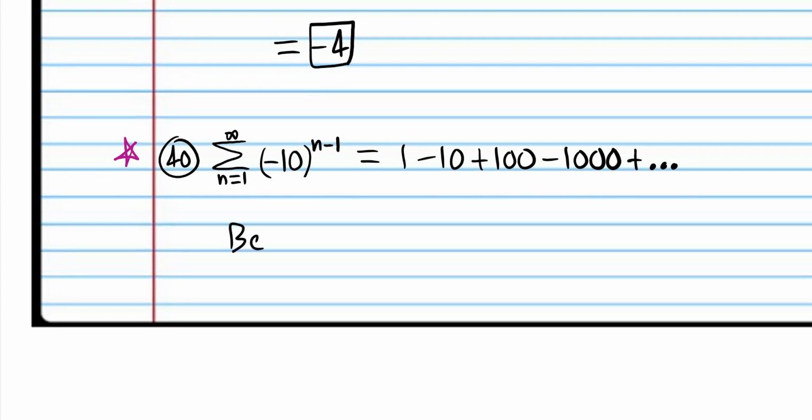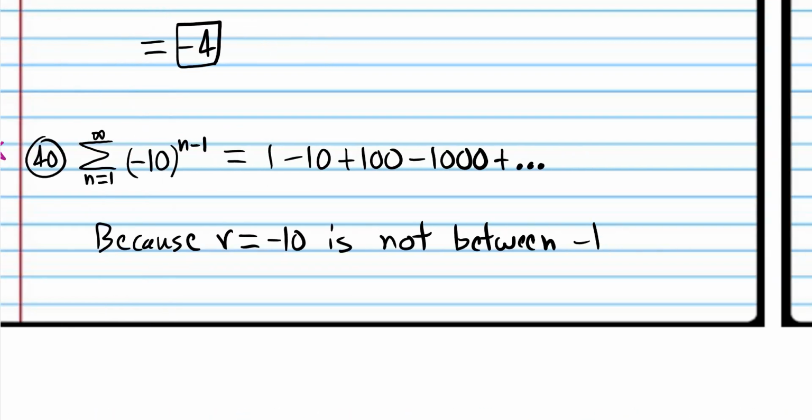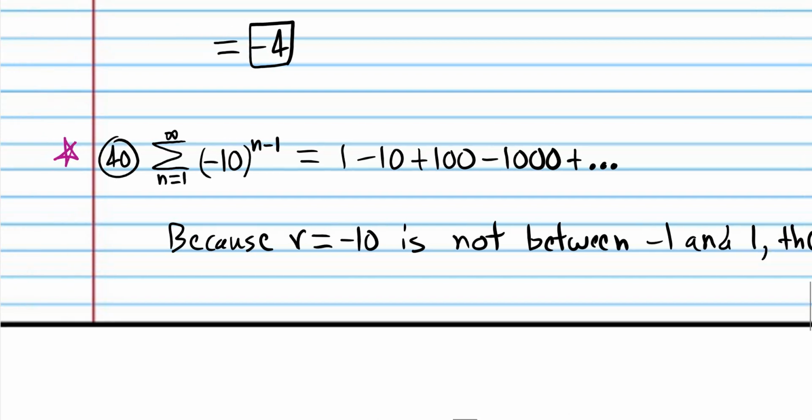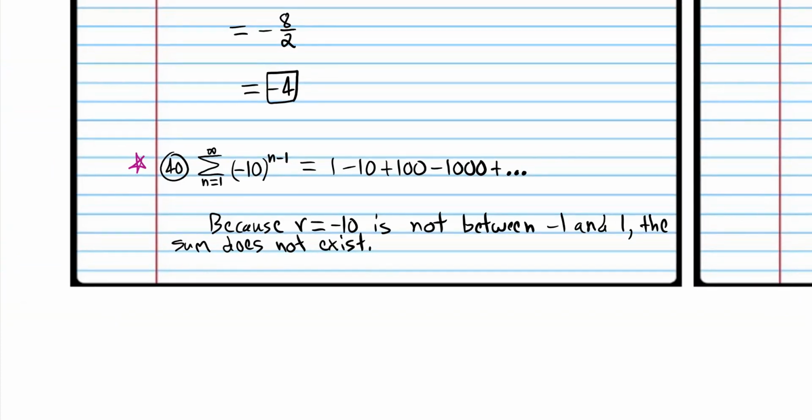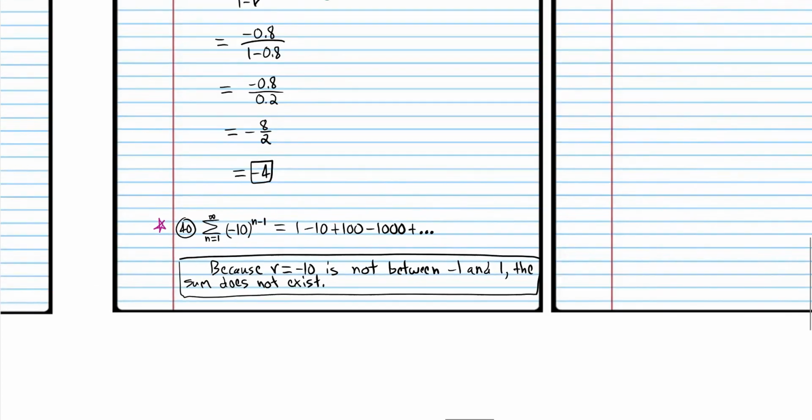We can just say because r, which is equal to negative 10, is not between negative 1 and 1, the sum does not exist. So that's all you have to write. So if you got that right, excellent.